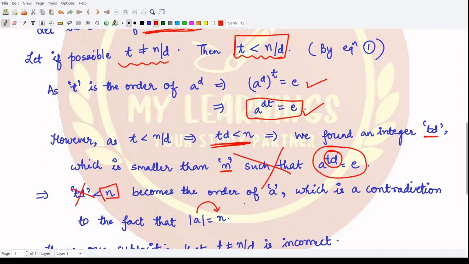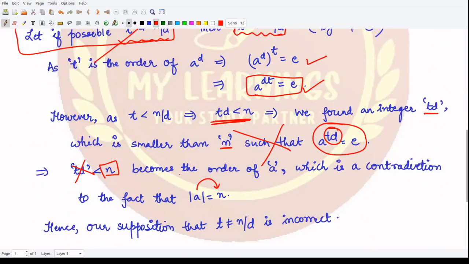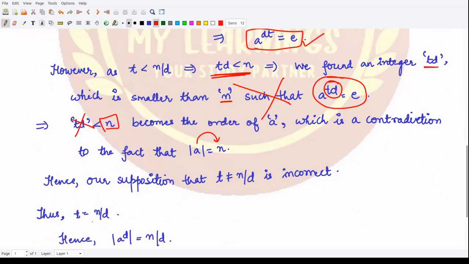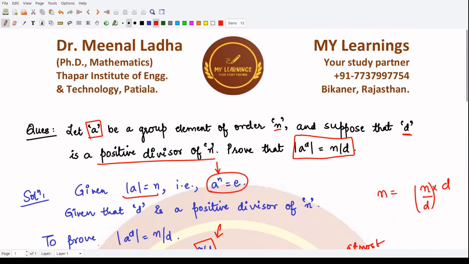Whatever we have supposed was incorrect. We supposed that t is not equal to n by d. This is not possible. Hence t must be equal to n by d, and this is what we wanted to prove. We wanted to prove that the order of A raised to power d is equal to n divided by d. So I hope you understood this question well.